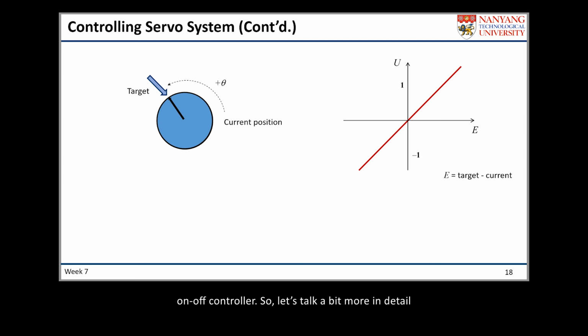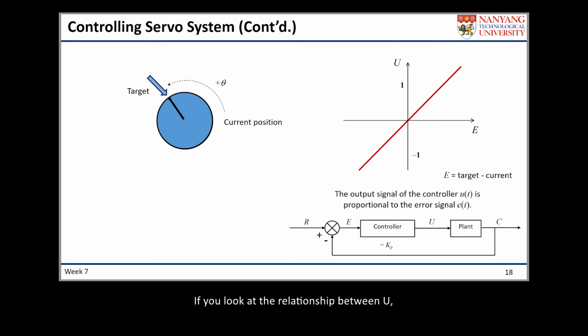Okay, so let's talk a bit more in detail about this kind of controller approach. If you look at the relationship between U, right? U is the output of the controller, and E, the error.